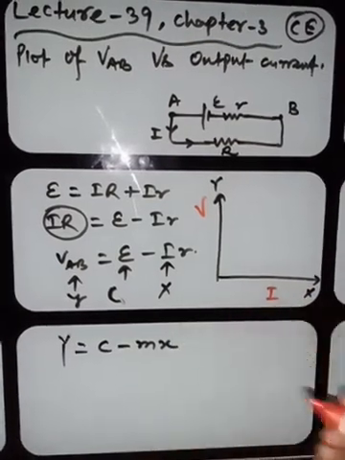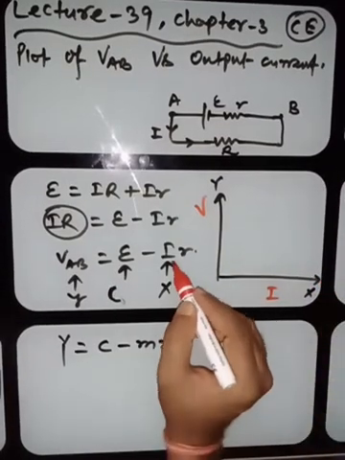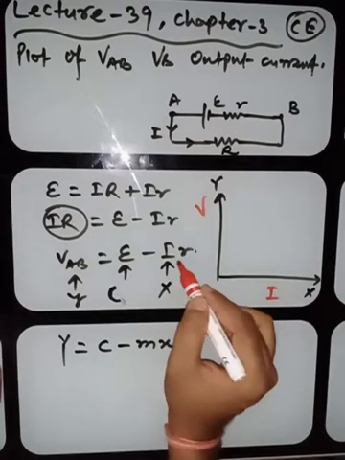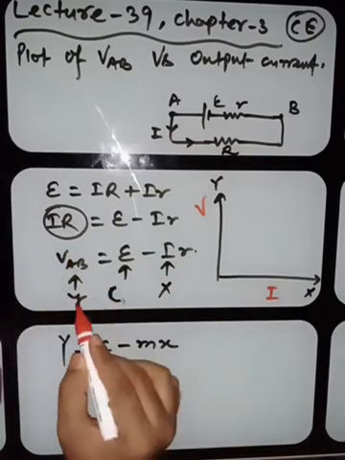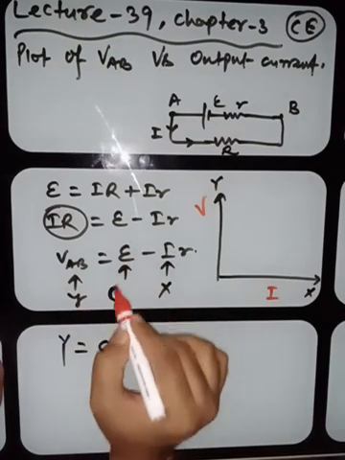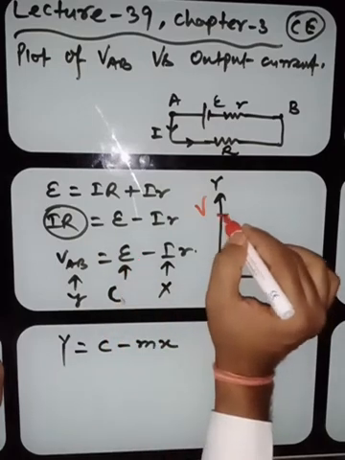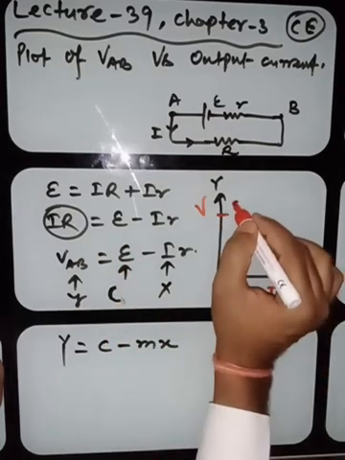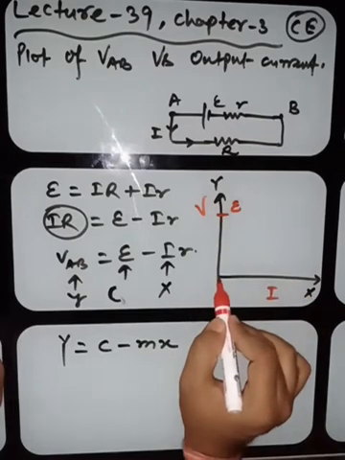So what will be the graph? Even at zero current, is the value of VAB on the y-axis zero? The answer is no. It is E, and this E is the maximum value. We get E when I is 0.